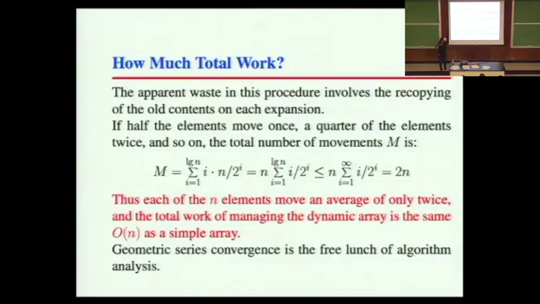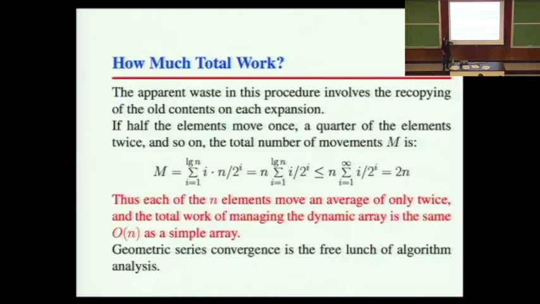At the last step, you did n amount of work because you copied n over 2 things and then inserted the rest. As a whole, that's n amount of work. And everything else is sort of dominated by this. So everything else becomes lower order terms when you do the summation, which is why you end up getting twice n when you actually do the math.